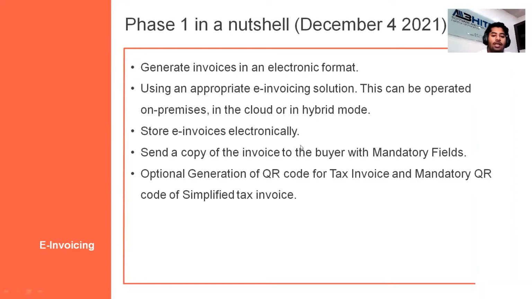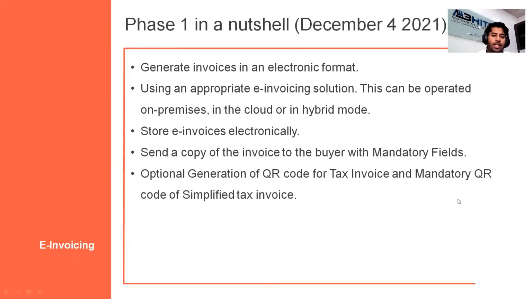Without the mandatory fields, the invoice will be considered invalid and not a proper invoice. There is optional generation of a QR code for a tax invoice and a mandatory QR code for a simplified tax invoice.